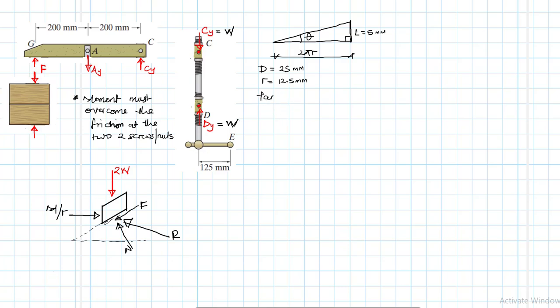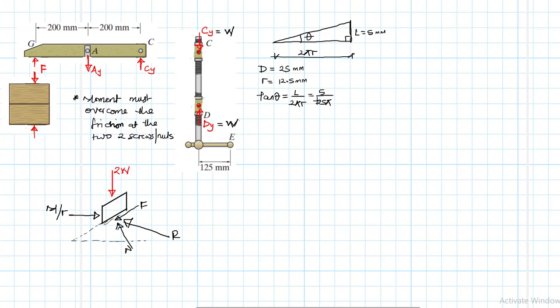So tan theta is just equal to L divided by 2 pi r, which is 5 divided by 2 times pi times 12.5, so this becomes 25 pi, which is basically 1 over 5 pi.